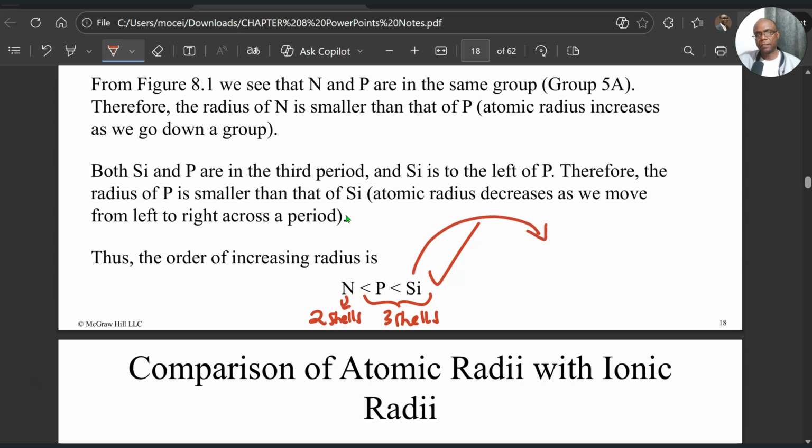But silicon here will have the biggest radius because it has 14 protons compared to phosphorus, which has 15 protons. Remember, the lower the number of shells, the lower the atomic radius. You have few circles around the nucleus, the radius will be small. So that is the reasoning.